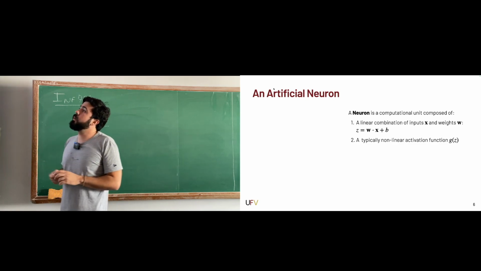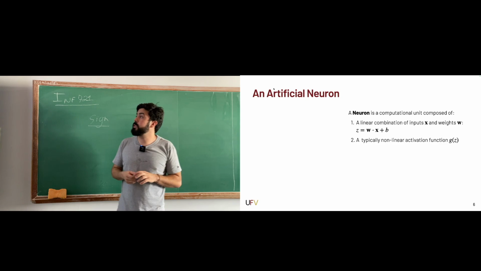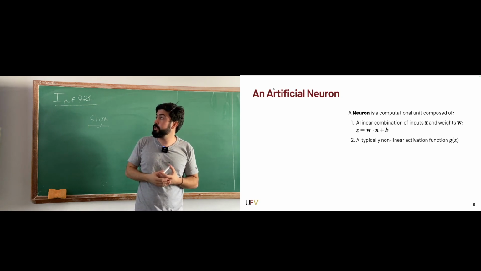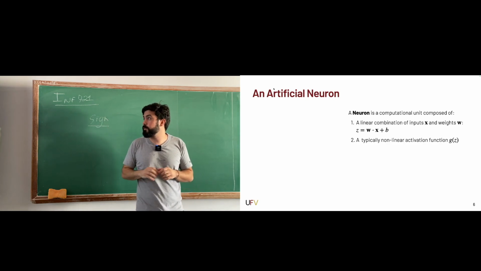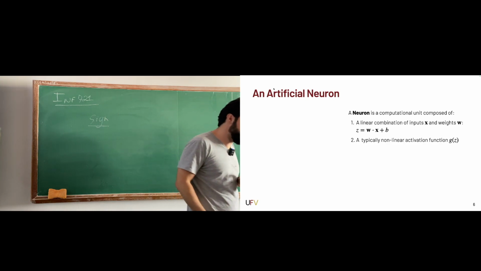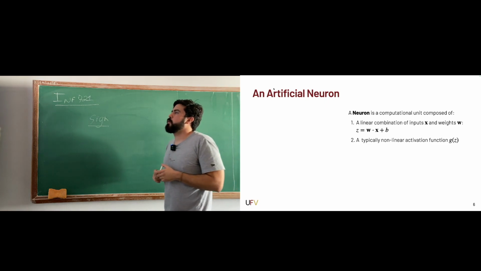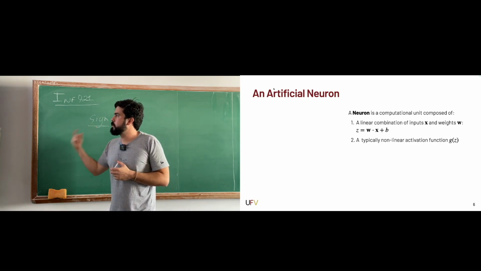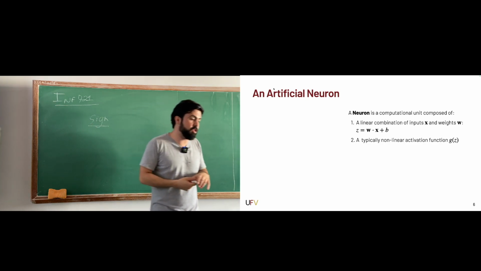Now I want to introduce this idea of a neuron, which we can define as a computational unit composed of 2 parts: a linear combination of inputs x and weights w, that we're going to call z, and we're going to feed that combination to a typically nonlinear activation function g.